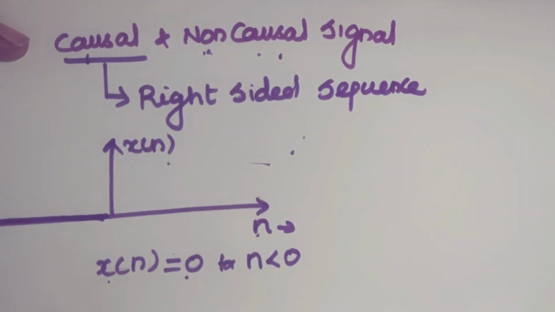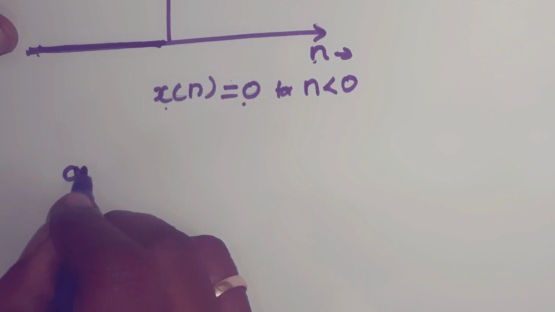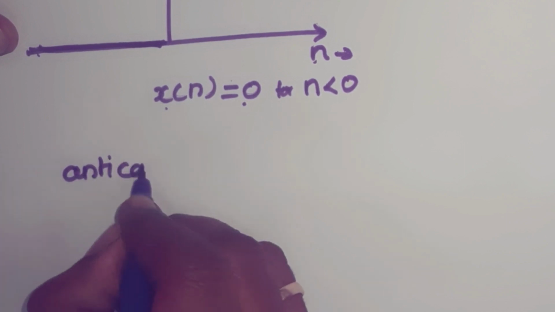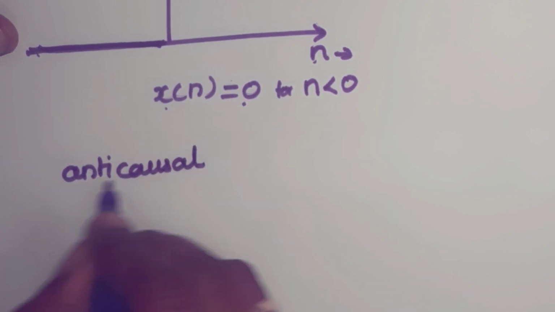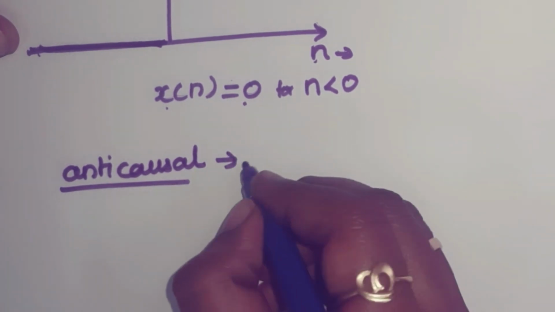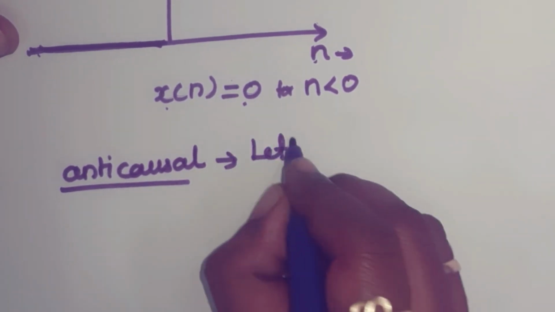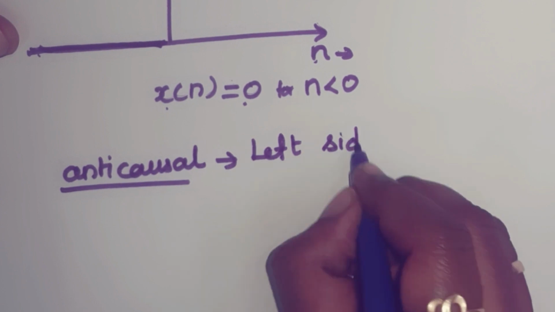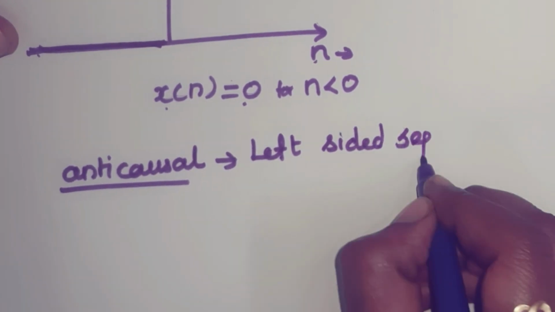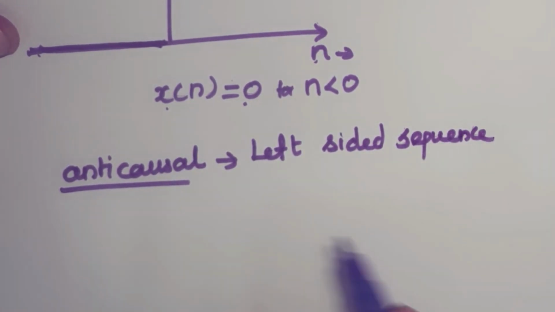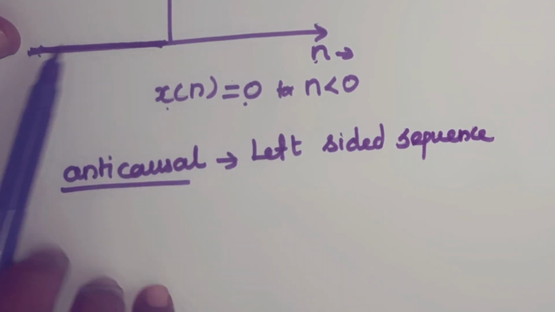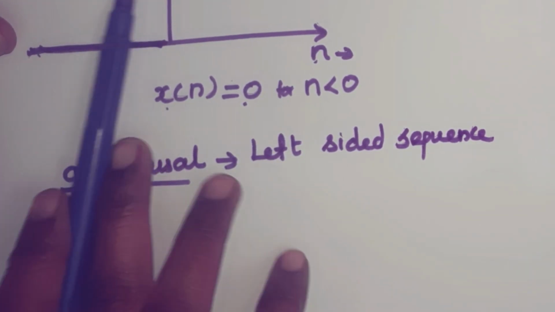One more signal is there, that is anti-causal. The other name for anti-causal is left-sided sequence. What is a left-sided sequence? It gets value only for negative values of n, only in this portion.